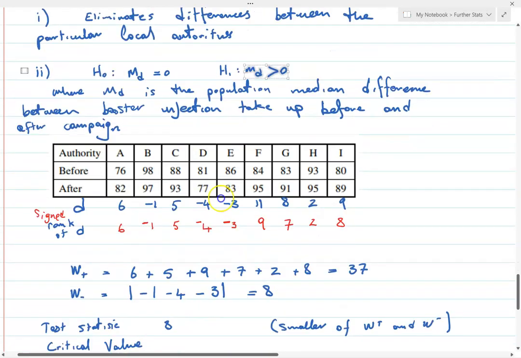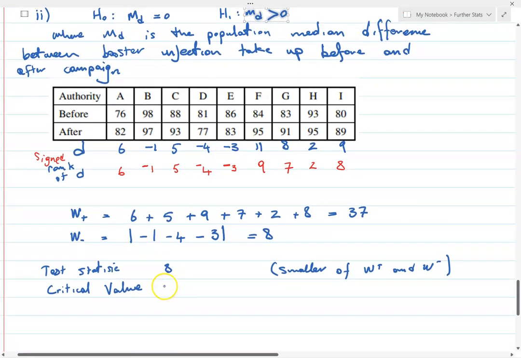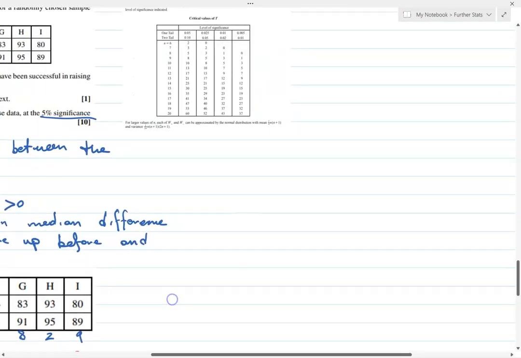So we're doing 5% one-tailed with n equal to 9. Let's look for that number in the tables.